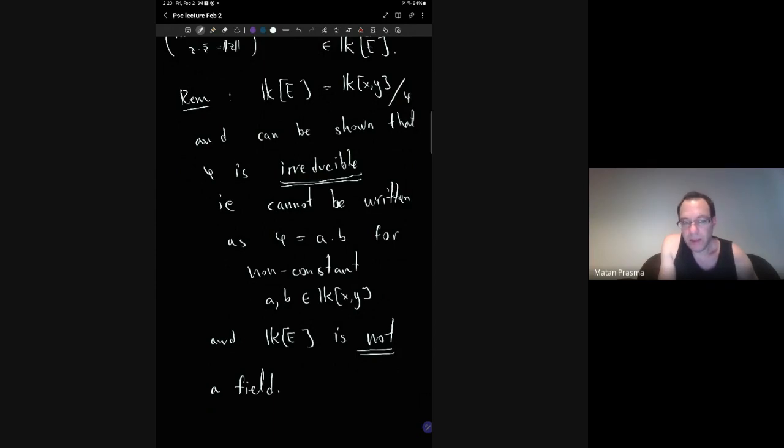It cannot be a field because you have zero divisors, or you don't have a multiplicative inverse for, let's say, e.g., x has no multiplicative inverse.